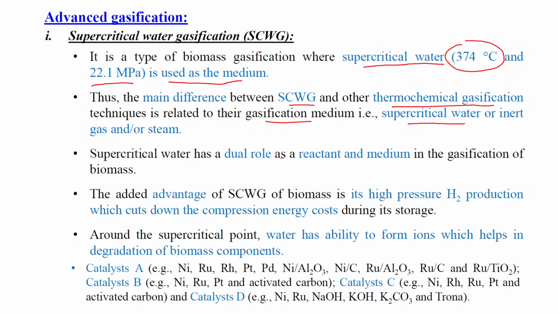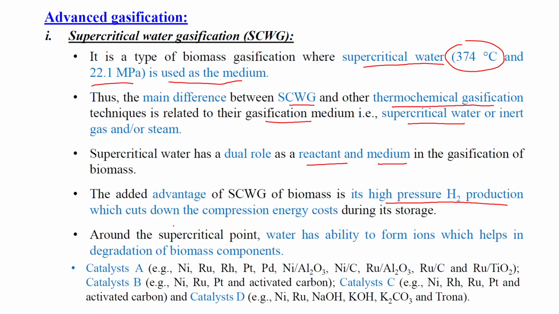So supercritical water has a dual role here. It is a reactant as well as a medium in the gasification of biomass. The added advantage is high pressure hydrogen production. Hydrogen is produced at a high pressure, which cuts down the energy cost of compressing hydrogen.